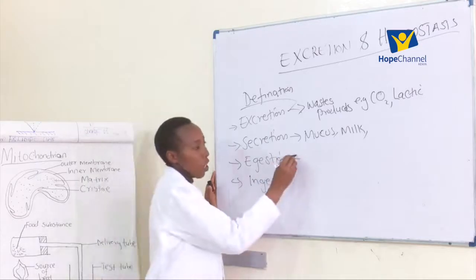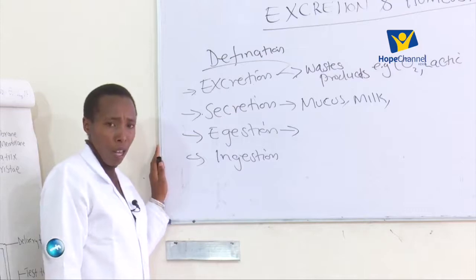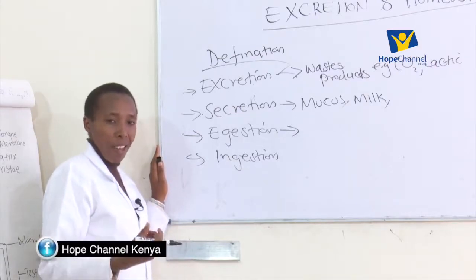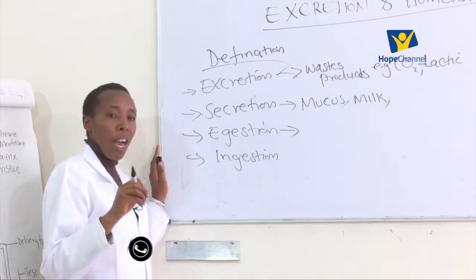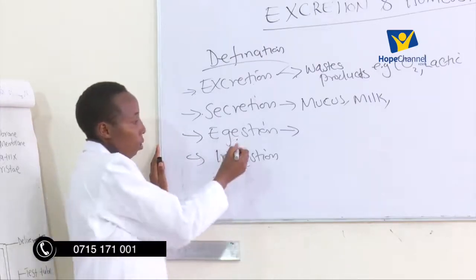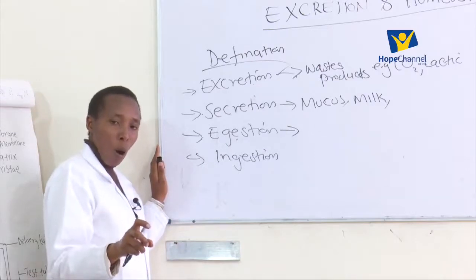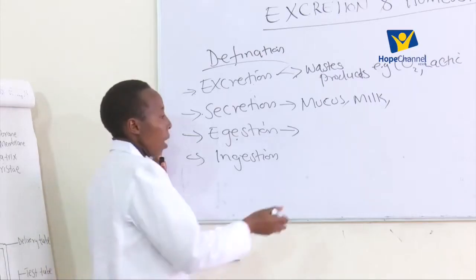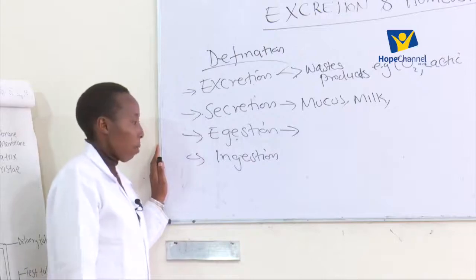Then when we talk about egestion, what do we mean by egestion? Egestion is the removal of undigested or indigestible food substances from the alimentary canal of organisms.